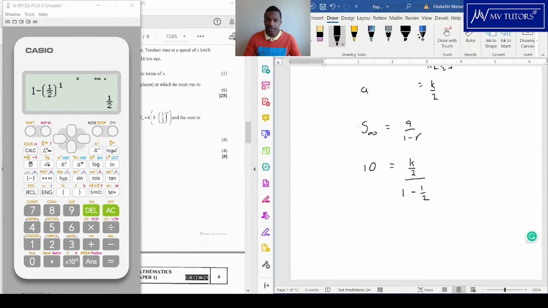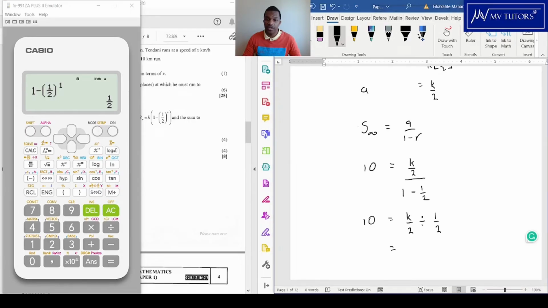Okay, let's do some gymnastics now. We'll have 10 is equal to k over 2 divided by, what's 1 minus a half? It is still a half. So 1 minus a half is a half.